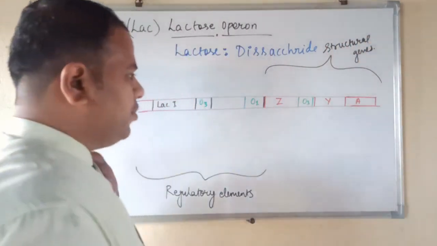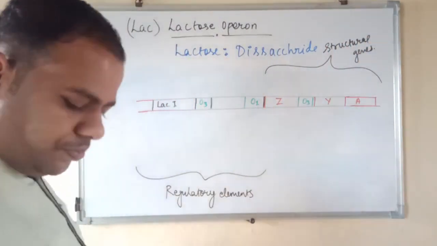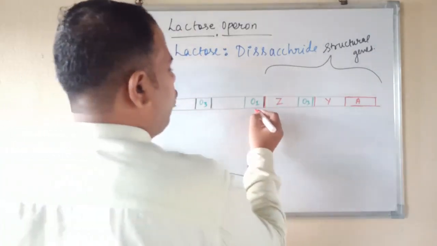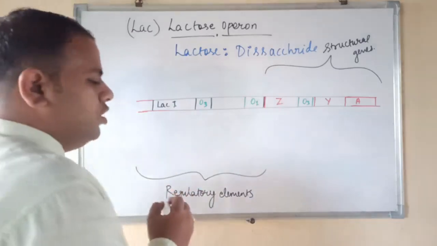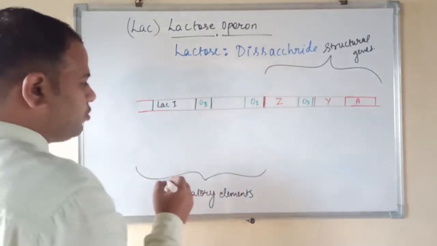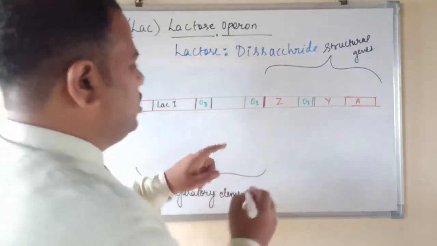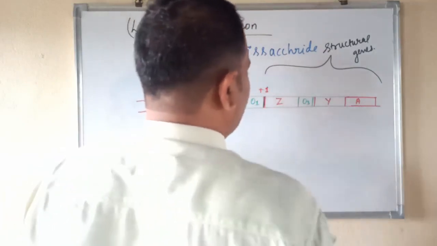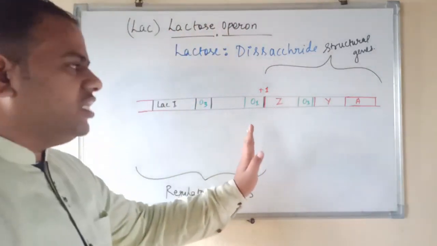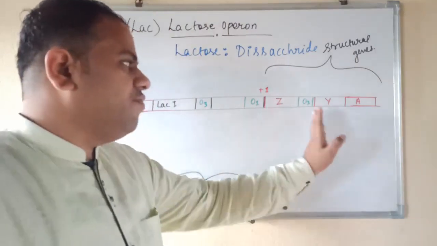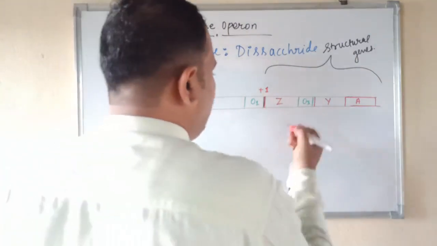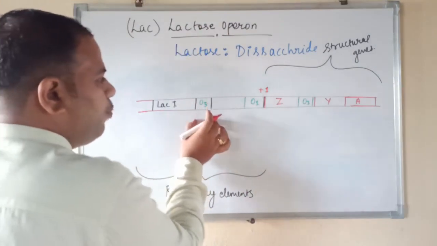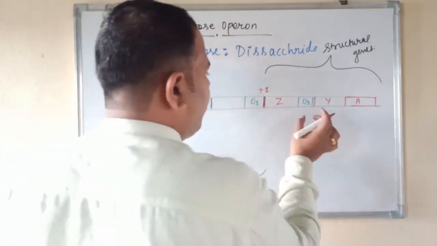Remember, this is the place for the binding of the operator, this is the operator region. Suppose this is the +1 site, from where the actual structural gene ZYA starts. From +1, I'll tell you the region of operator 3, operator 1 and operator 2.